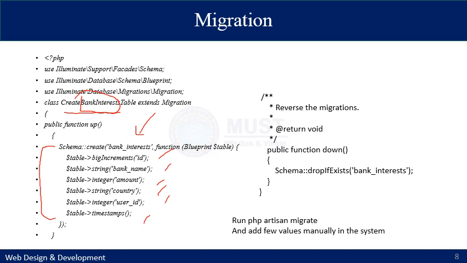And if you want to run the down migration, you can delete the table if it already exists in the MySQL server. So you can run the php artisan migrate command after creating a migration, and this migration will be transferred to the MySQL server. So you can add a few values manually into the system to actually view the database working in phpMyAdmin.